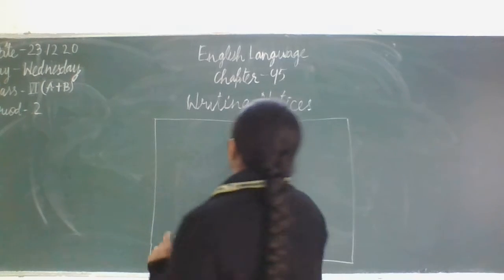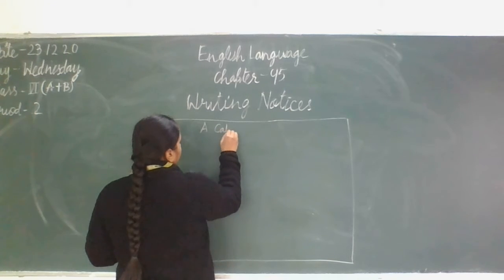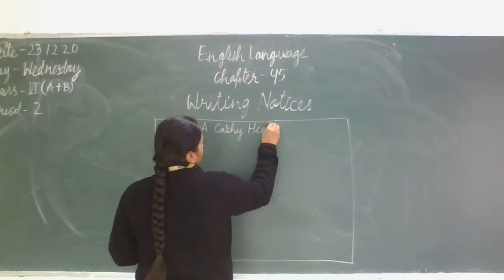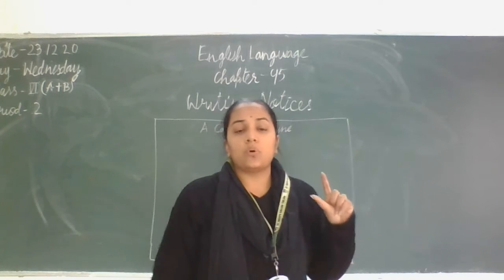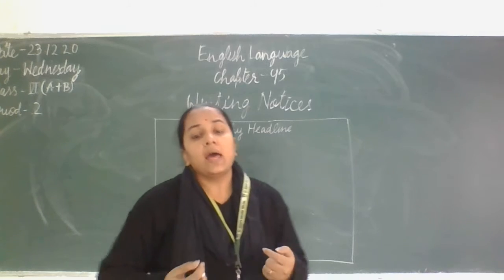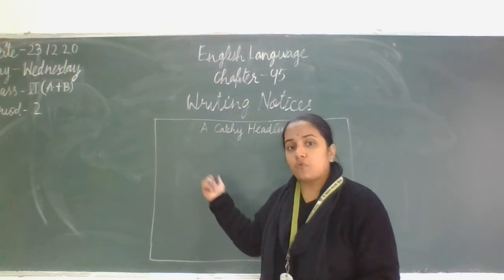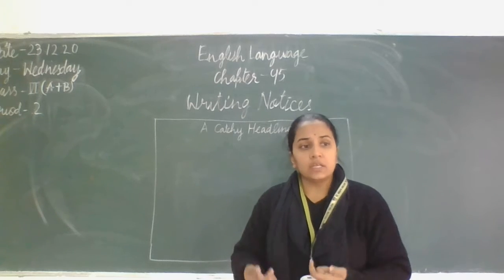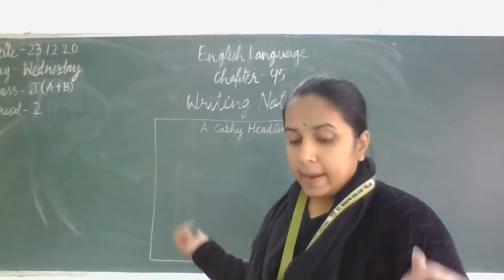The first thing is a catchy headline. What is the notice all about? It will not be exactly the heading of the notice, but something catchy which attracts the attention of the reader towards the notice, which develops the interest of the reader to read the notice further just after reading the headline.